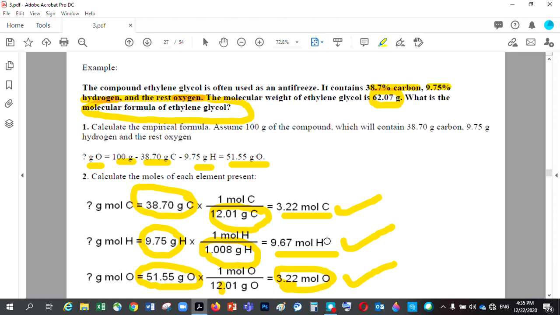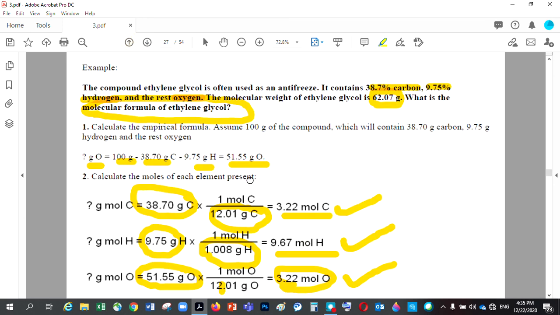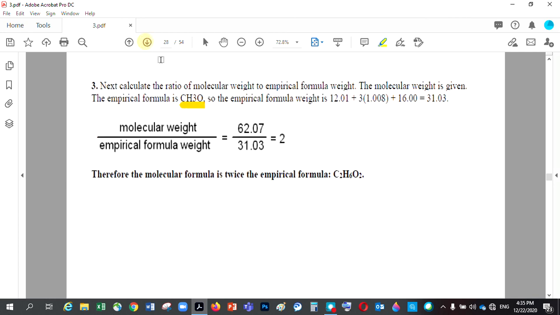Yes, hydrogen is 3, carbon is 1, oxygen is 1. When we divide among the ratio, this one will be 1, this one will be 3, and this will be 1. That's what we have here.